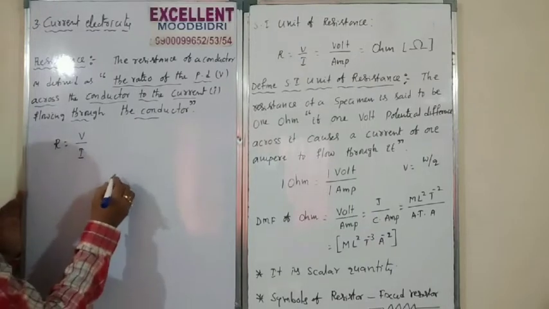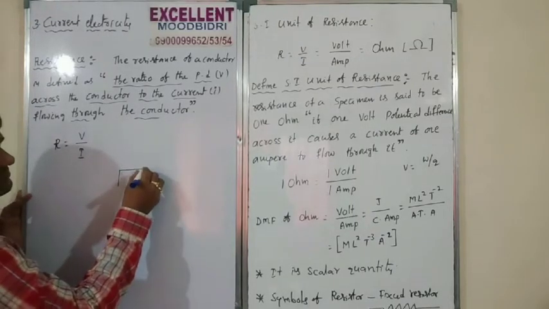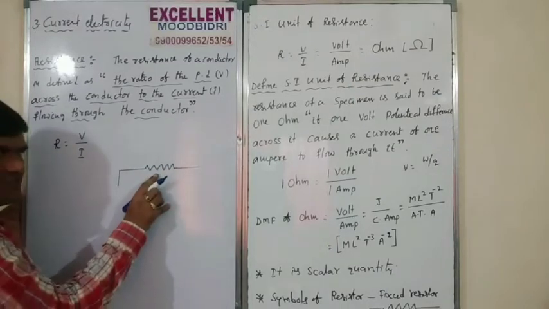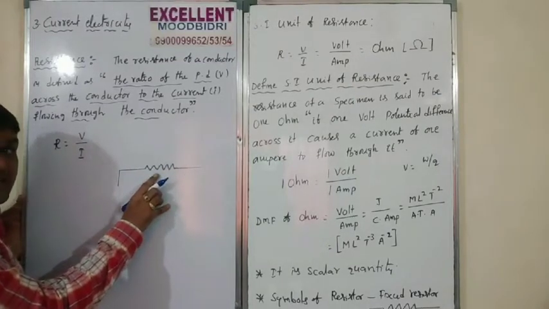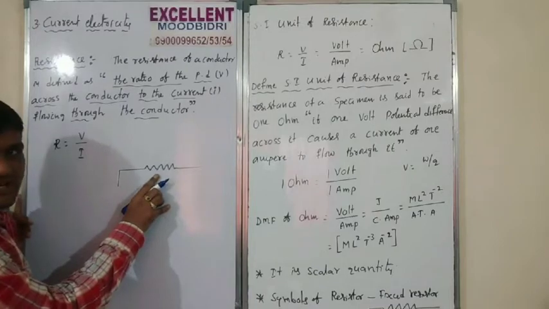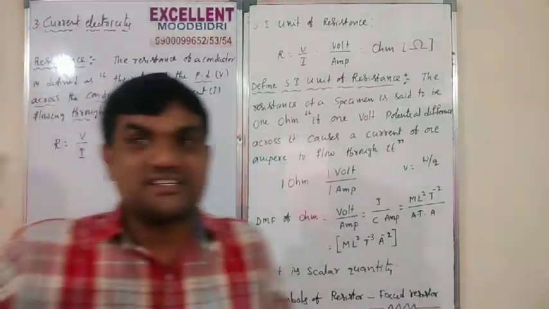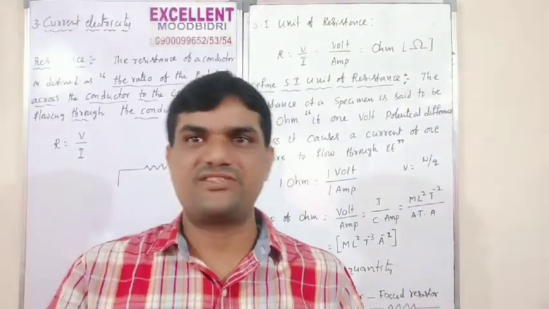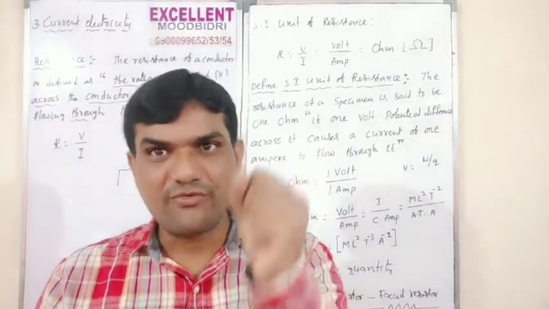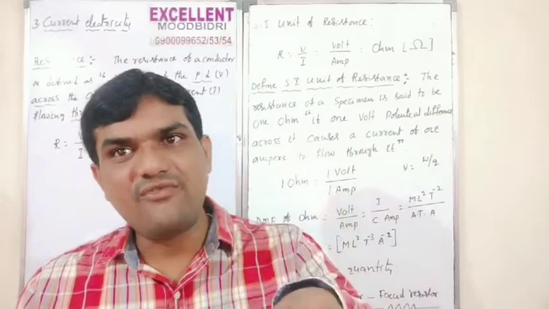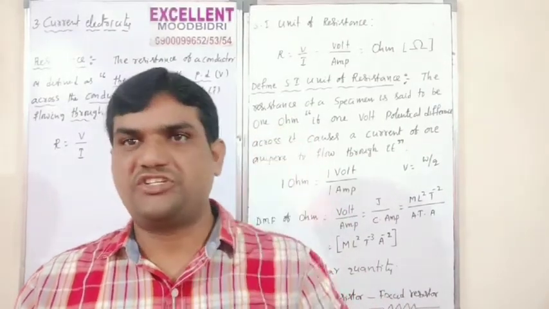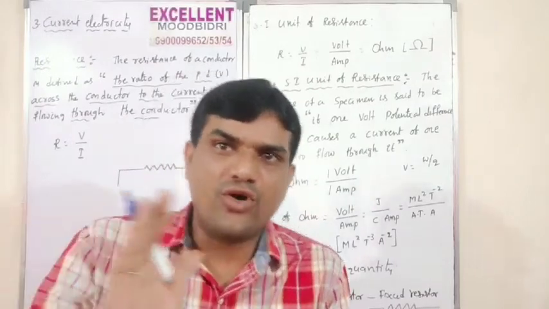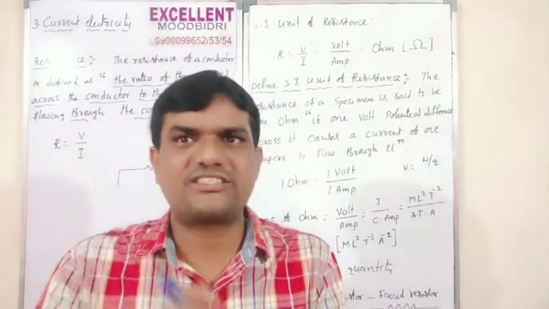So for example, here I have a conductor. This is the resistor, not the resistance. Resistor is different, resistance is different. Resistor is the device which has an opposing nature, which opposes the flow of current through it.